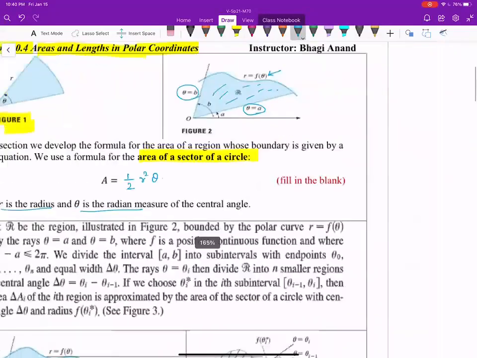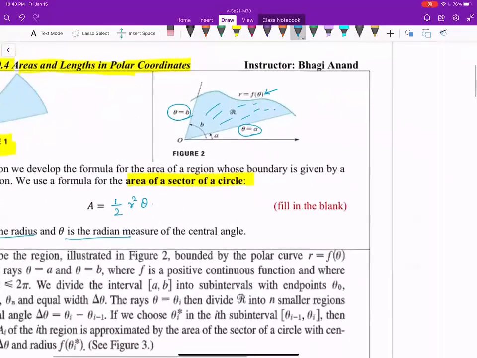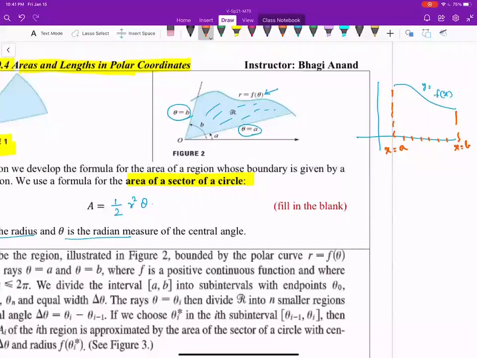The idea is similar to any Riemann sum method that we have seen before. If f of x is a graph given, and you want to find the area bounded by the lines x equal to a and x equal to b, you divide this into a number of subintervals from a to b of equal width, and then divide them into either rectangles or trapezoids or parabolas and things like that.